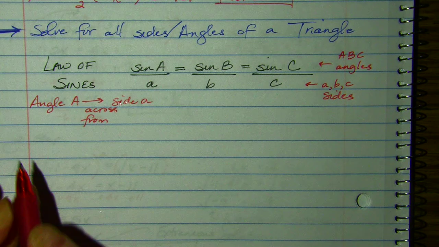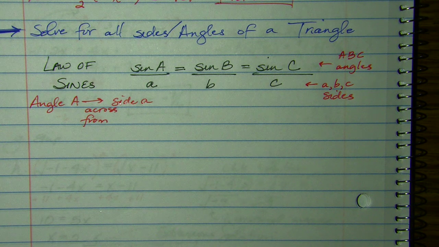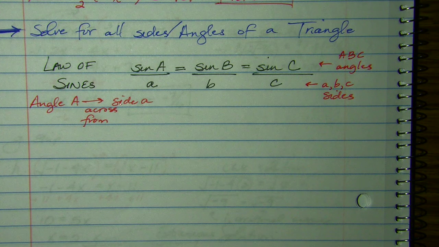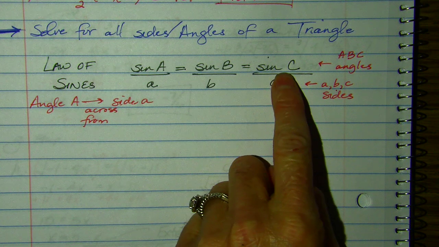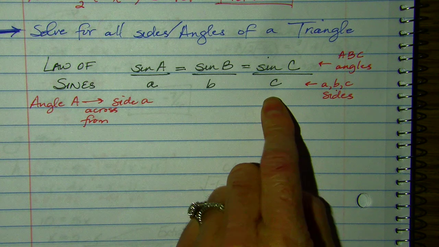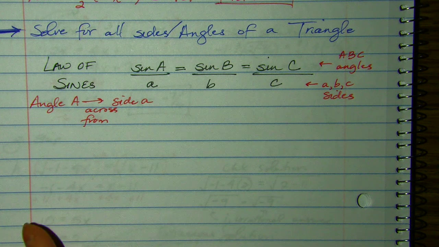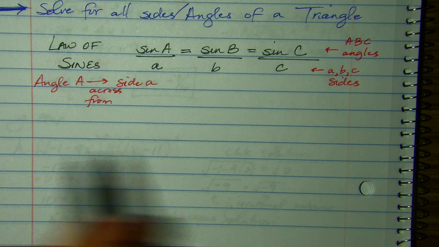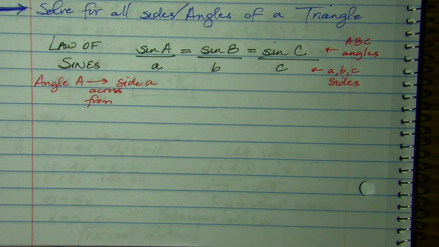So when we say angle A, side a, they should be across from each other. The sine of B should be across from side b, and angle C should be across from side c. So I'm just going to do the lesson practice with you because I think it presents enough.